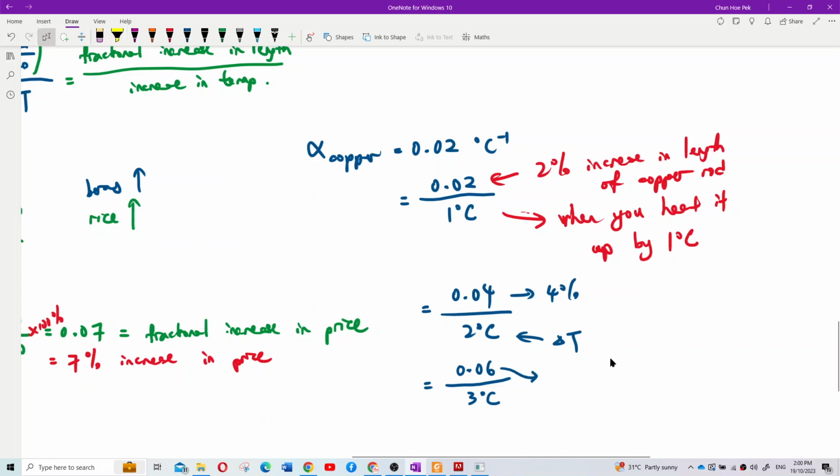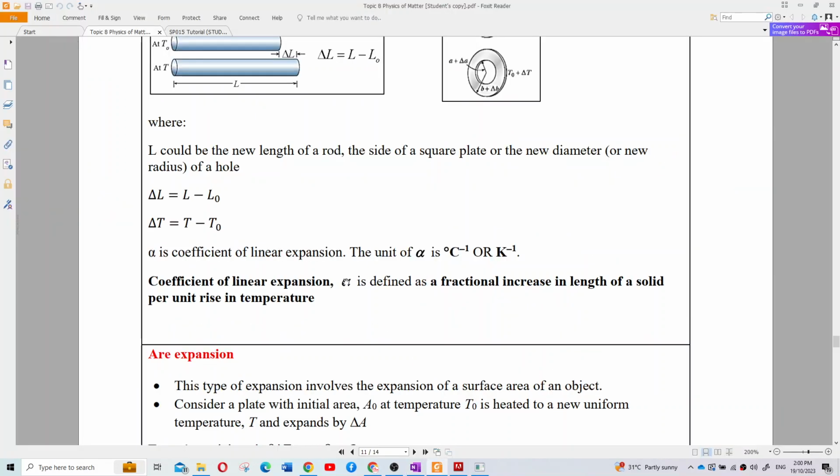This is a fraction, in decimal form, or in percentage. That is what it means by alpha being the fractional increase in length per unit rise in temperature.